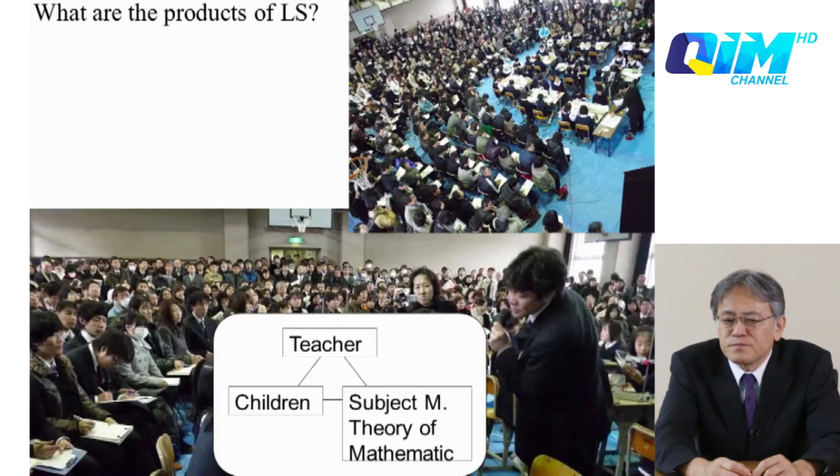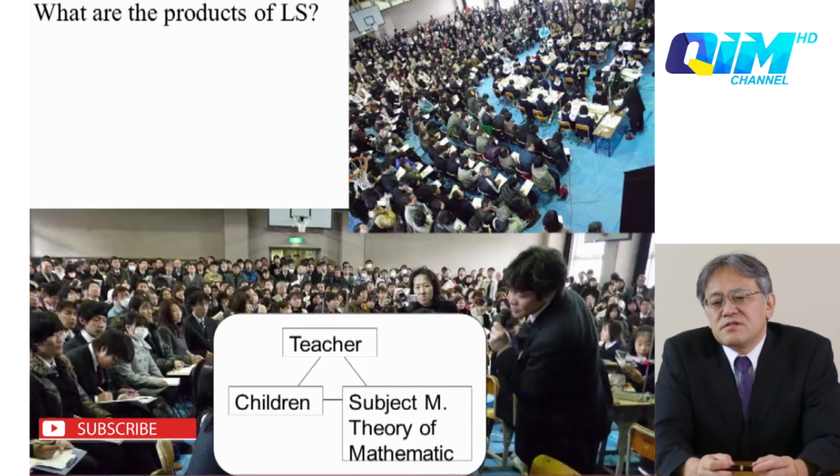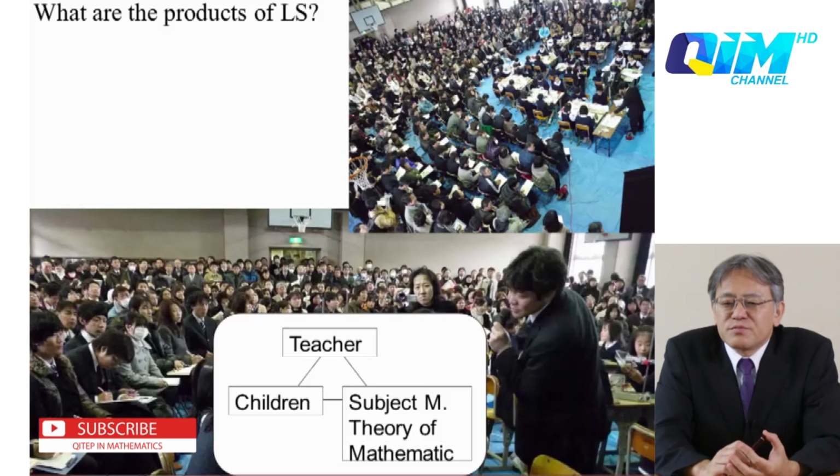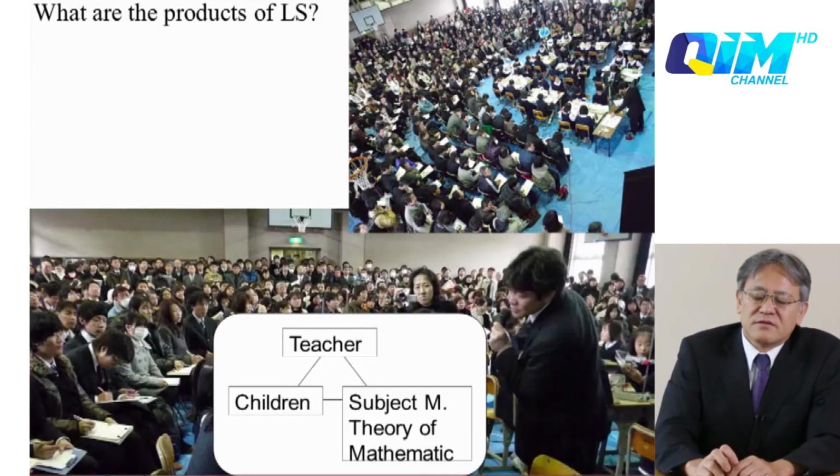If both objectives can synchronize, the classroom activity is going very well. Such a situation can be explained by this triangle. We call this the didactical triangle.